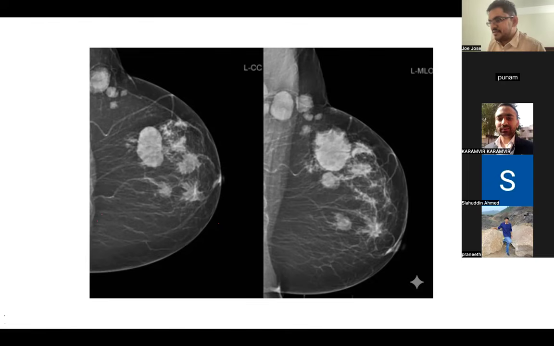What is the BIRADS score? BIRADS 0 is incomplete assessment, 1 is negative, 2 is benign findings, and 3 is probably benign but needs a short follow-up interval, like every 6 months. What is the risk of malignancy in 3? Less than 2%. Okay.